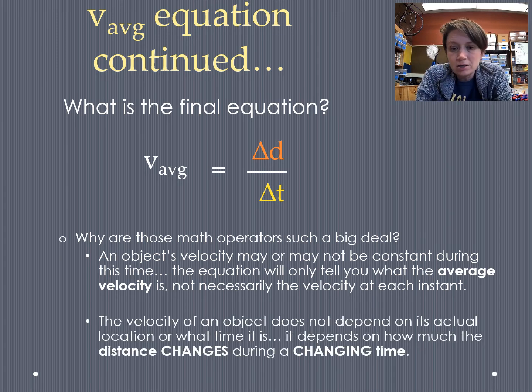As far as the deltas go, they're really important because velocity fundamentally involves an object moving, right? You have zero velocity if the object's not moving. So maybe the object's located at the 50-yard line of a football field. That would be the D. But if it's just standing there, then we know it has no velocity. If you plug in a 50 for D, you're going to get the wrong answer, right?